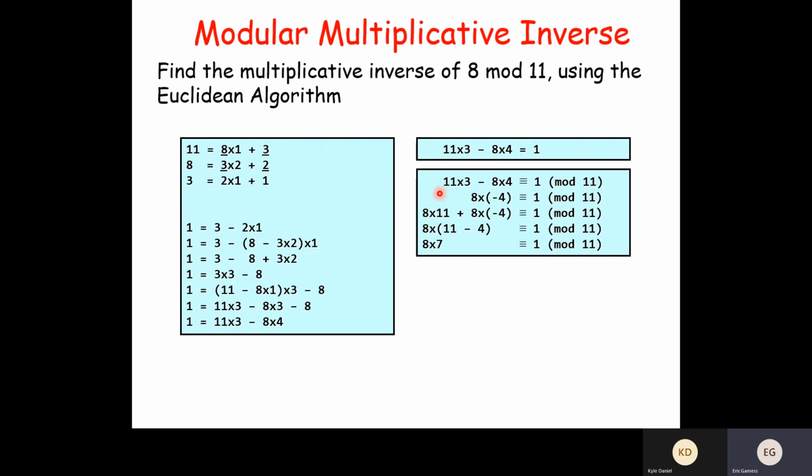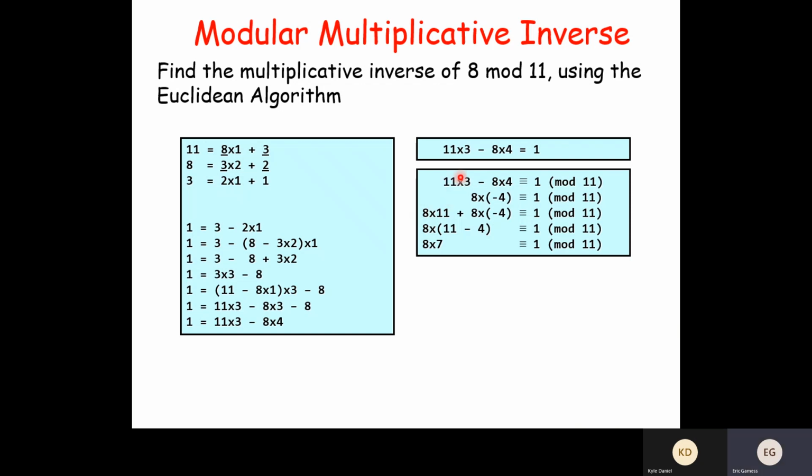So here, for example, we decide to suppress it. And the other term, which is negative 8 times 4, we can write as 8 times negative 4. Then modulus 11, we can add any number of times 11. So for example, here I add 8 times 11.